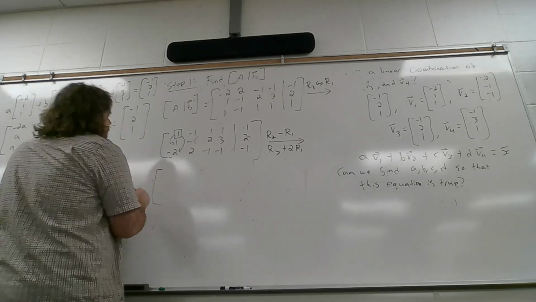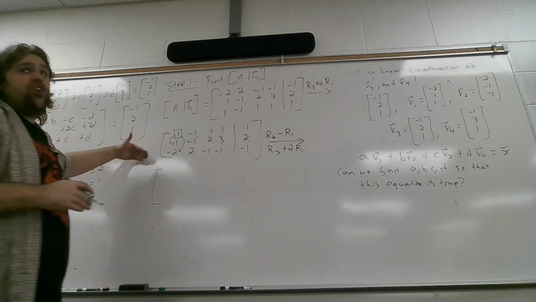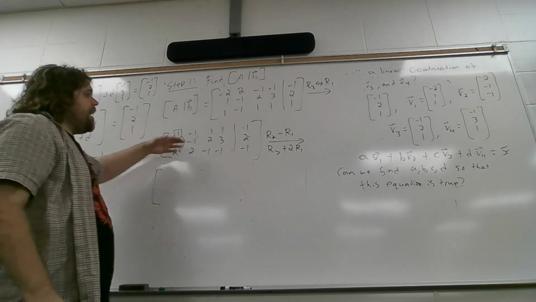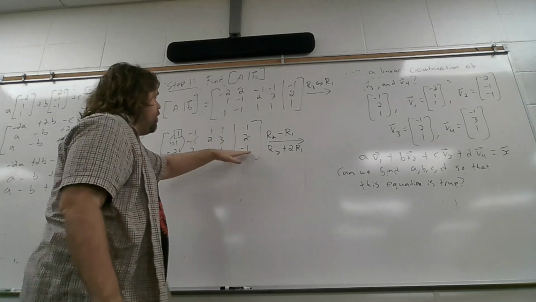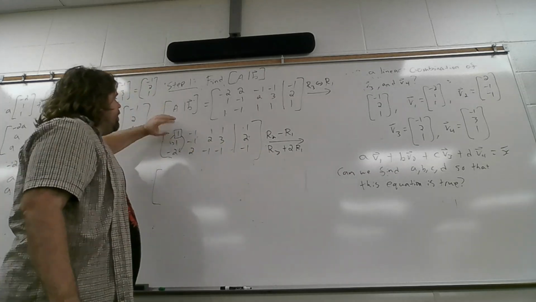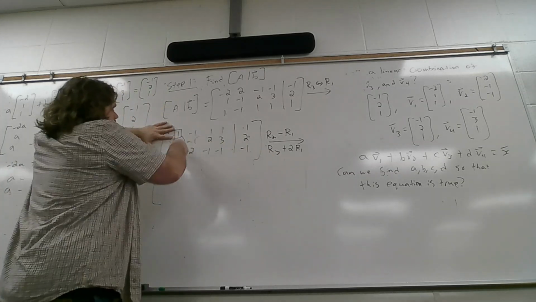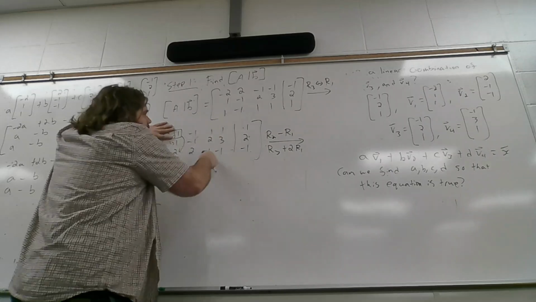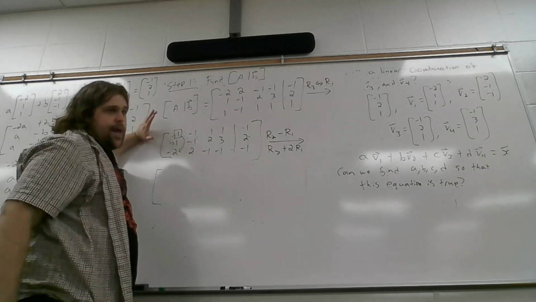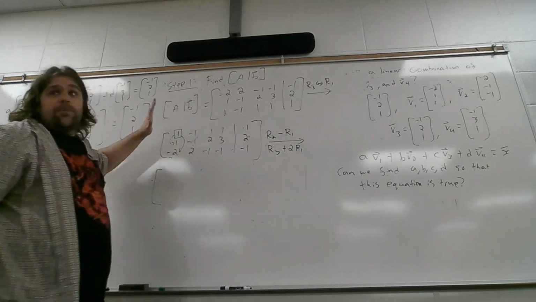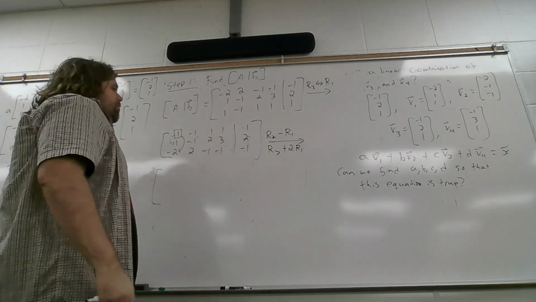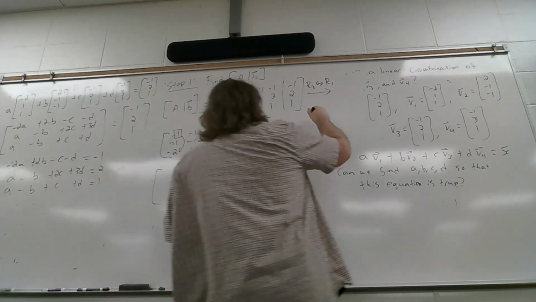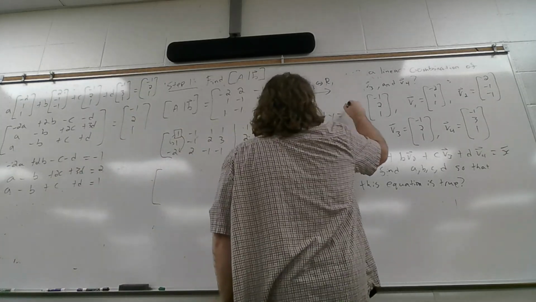Now, this is an important reminder. We are adding the entire row. We are not subtracting 1 from the row. We are not adding 2 to the row. We are taking this row and bringing it down entirely, right? Like that. So that's a common mistake to make, just subtracting the number from the row. But this is an equation. So let's just say we had x plus y equals 1.